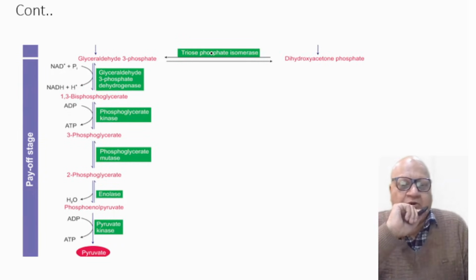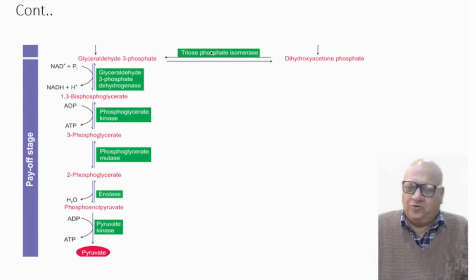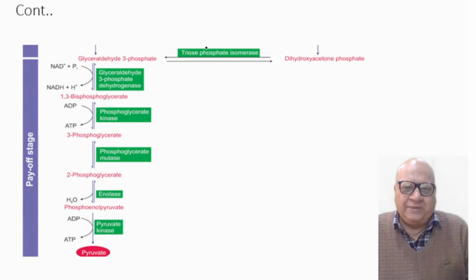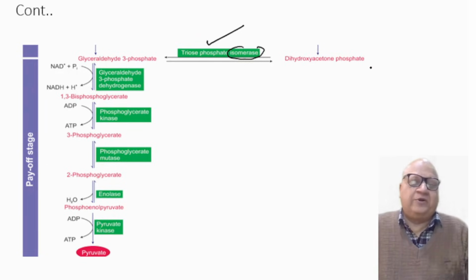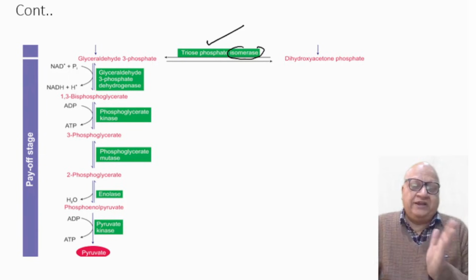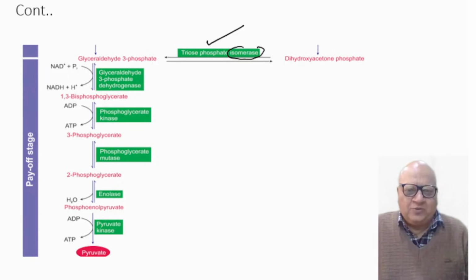Now before I conclude, one or two seemingly minor points. What about this enzyme? Isn't it, as the name suggests, an isomerase, converting one triose into its isomer, glyceraldehyde 3-phosphate to dihydroxyacetone phosphate? Isomerization, so it's an isomerase.